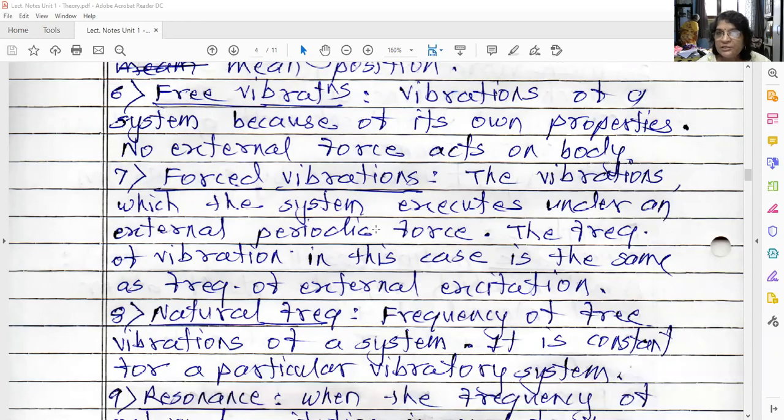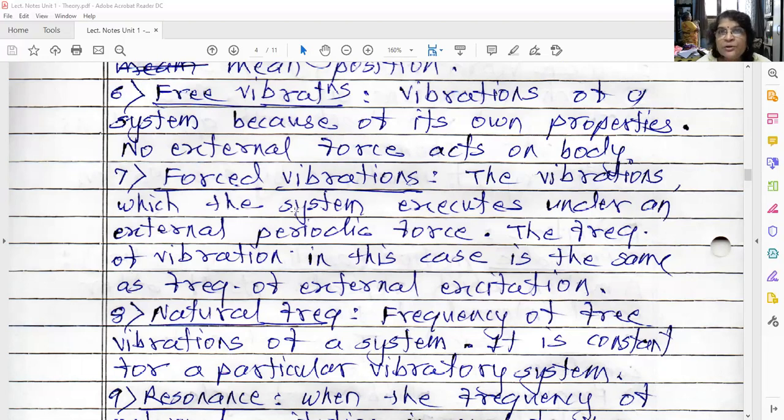See, the force is not a steady force or live force. It is a dynamic force. Dynamic means what? The force is also vibrating, you can say. It is to and fro in nature, so it is periodic in nature, so it has a certain frequency, and that frequency is called the external excitation frequency.